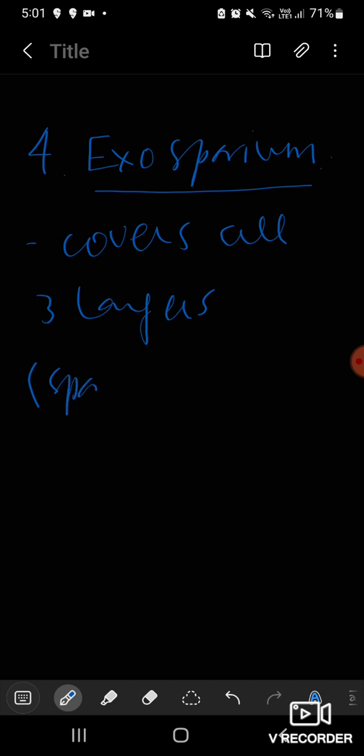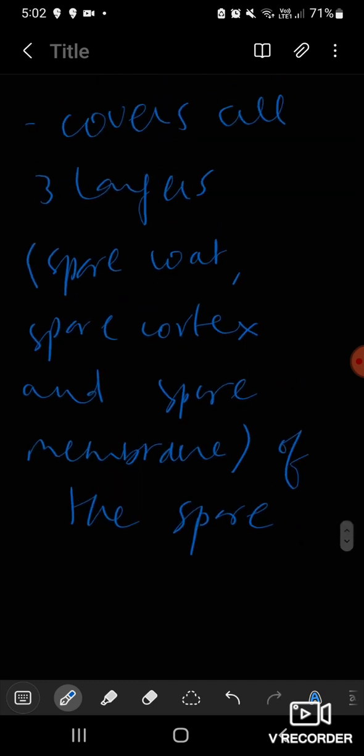So that's the last part, and that is the outermost structure which covers all the 3 layers of the spore, that is spore coat, spore cortex, and spore membrane of the spore.